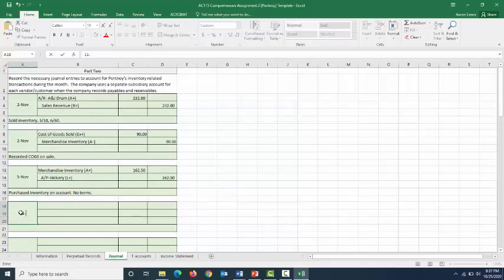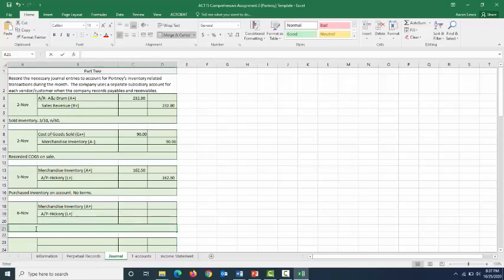So on 11/6, we're going to make the same entry that we did above. We are going to have a debit to merchandise inventory and a credit, we only have one vendor, thankfully, to AP Hickory, for a transaction in which we purchased inventory on account with no terms.